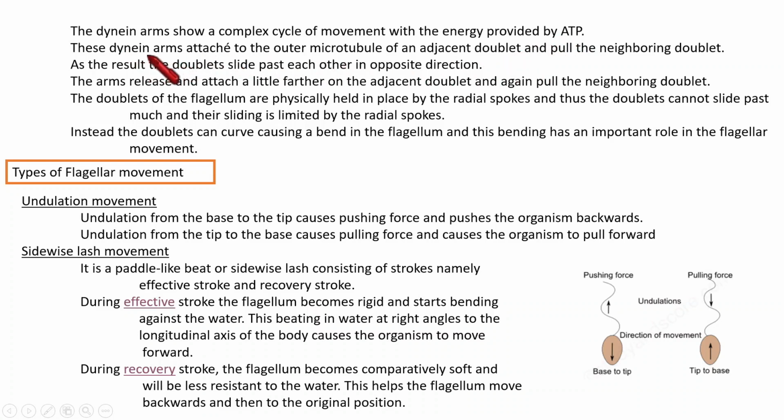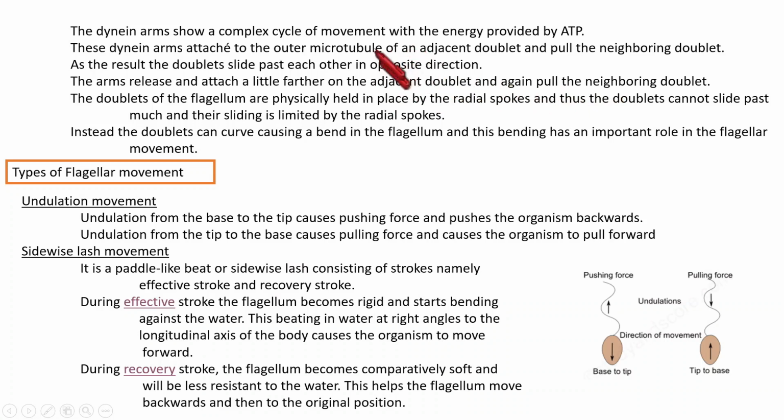Anyway, once more, the dynein arm attaches to the outer microtubule of the adjacent doublet and pulls the neighboring doublet, and because of that pulling they slide past in opposite directions. Okay, clear? After that pulling, the dynein arm releases from the attached point, and again it reattaches to the neighboring doublet to bring about another round of pulling.